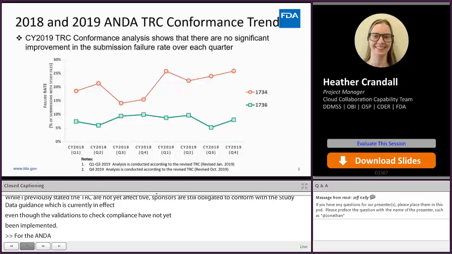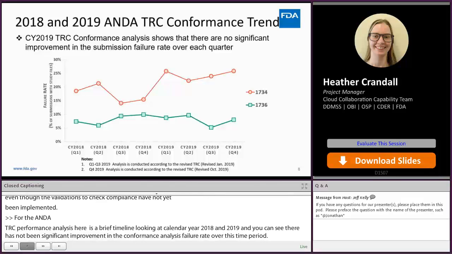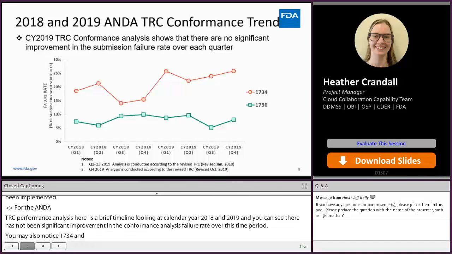You may also notice 1734 and 1736 here; later, in the common error section of the presentation, I will get into exactly what 1734 and 1736 errors are looking for.